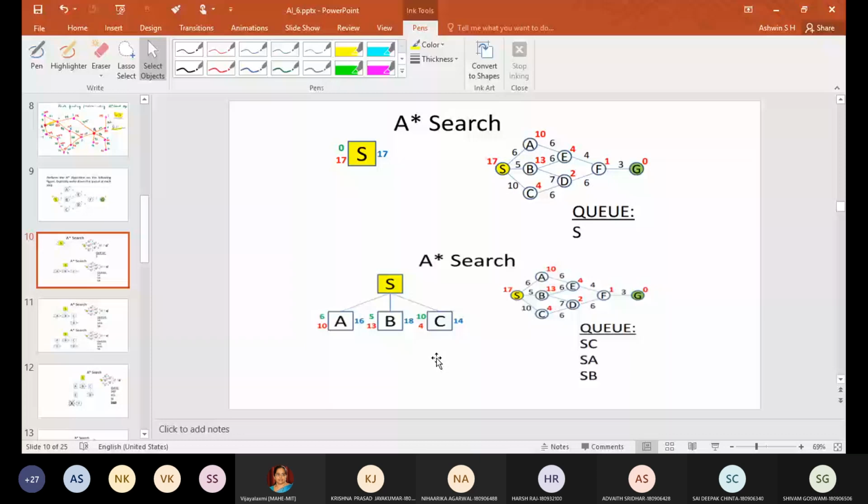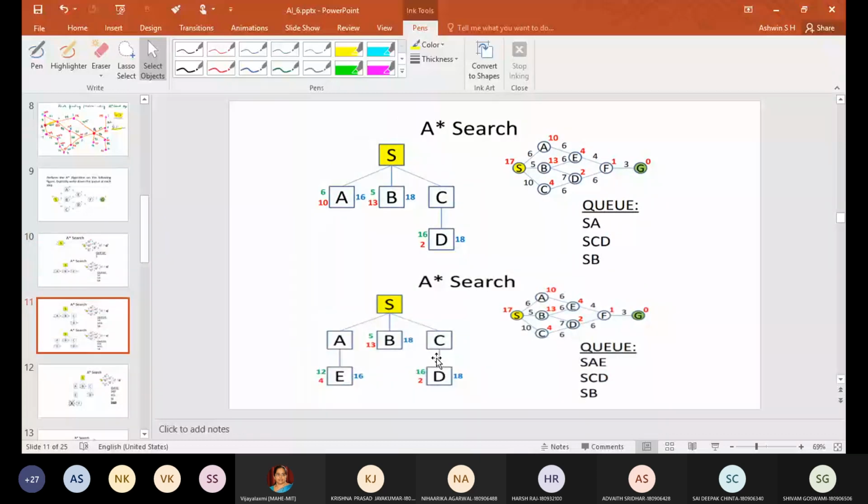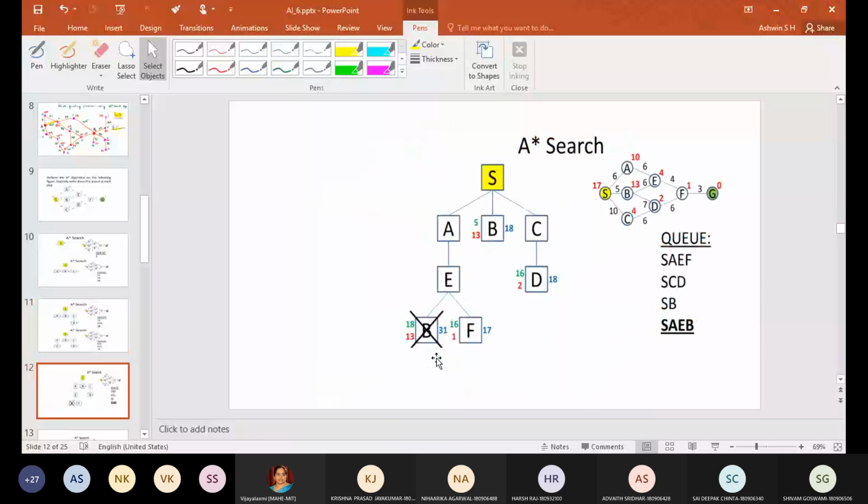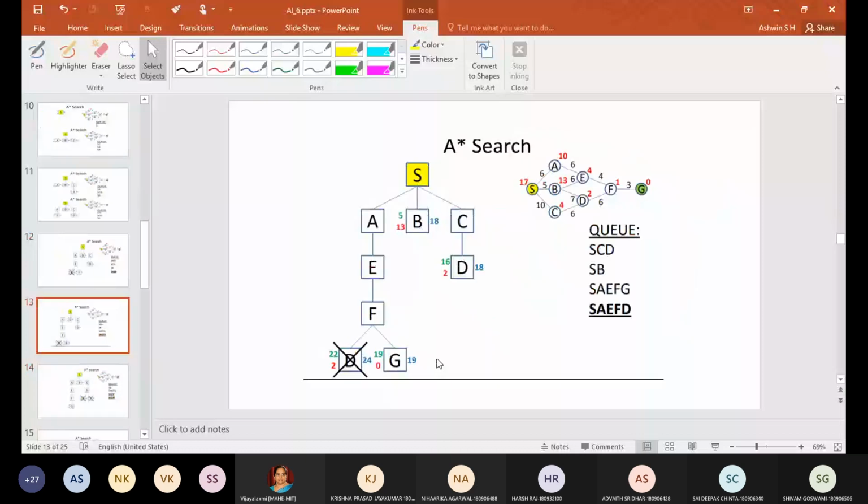Next, after SCD, SAE is expanded. This is path one, the highest, this one I have discarded. SAEB is discarded.